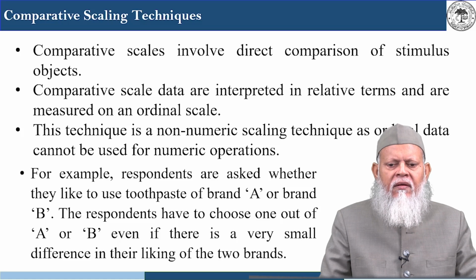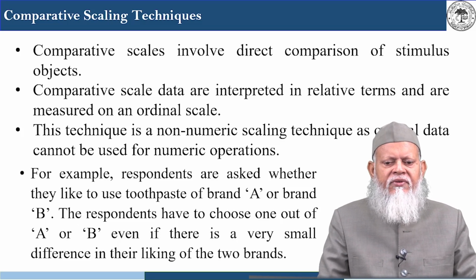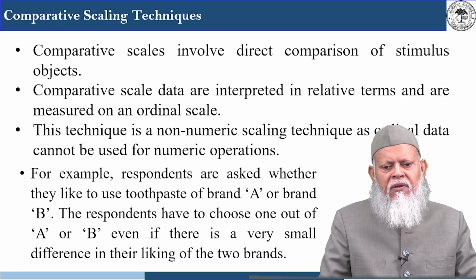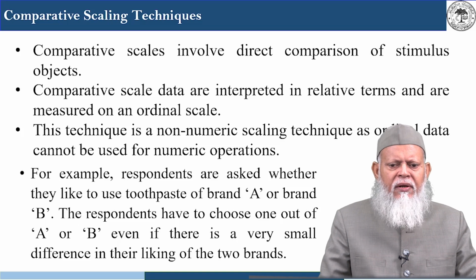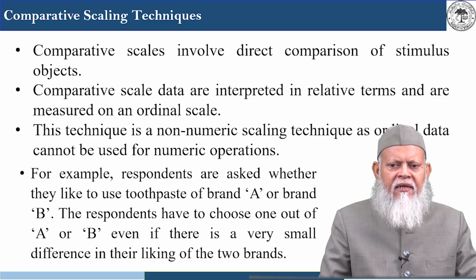As we saw yesterday, whatever the smaller difference, the respondent has to say either he prefers A to B or he prefers B to A. Similarly, when we take the case of two brands of milk, or two brands of butter, or two brands of car, the respondents have to choose one out of A or B, even if there is very small difference in their liking of the two brands.